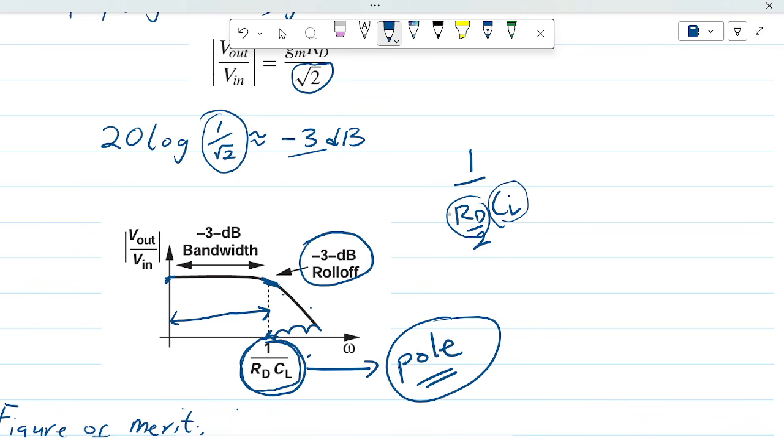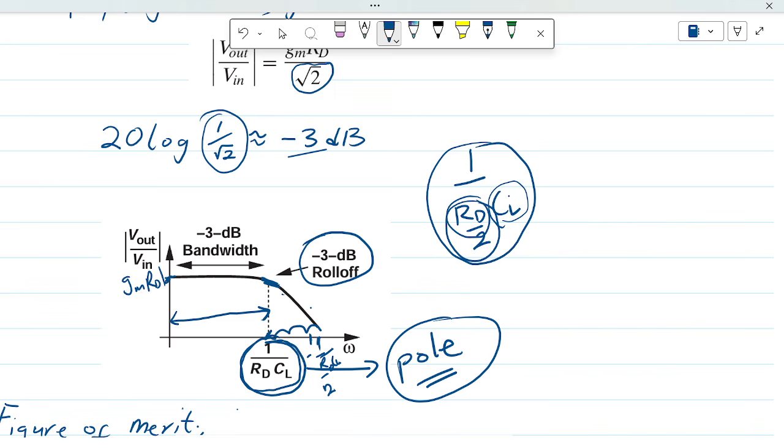So assuming I halved RD, then it means the value of 1 over RD CL is going to increase, and that means that the pole frequency this time around would be somewhere here, 1 over (RD/2) CL. But we also know that the gain is GM RD.